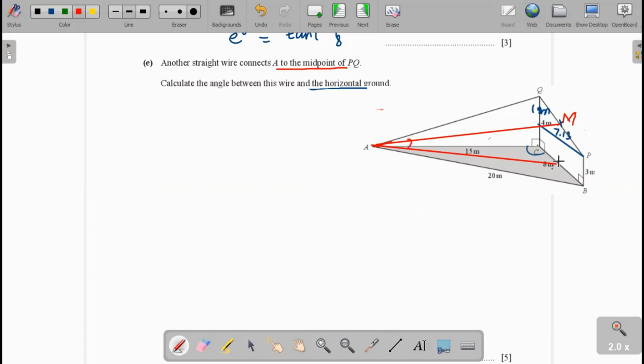Now this is R. We join M to R here. Okay, now we get a right angle triangle here.